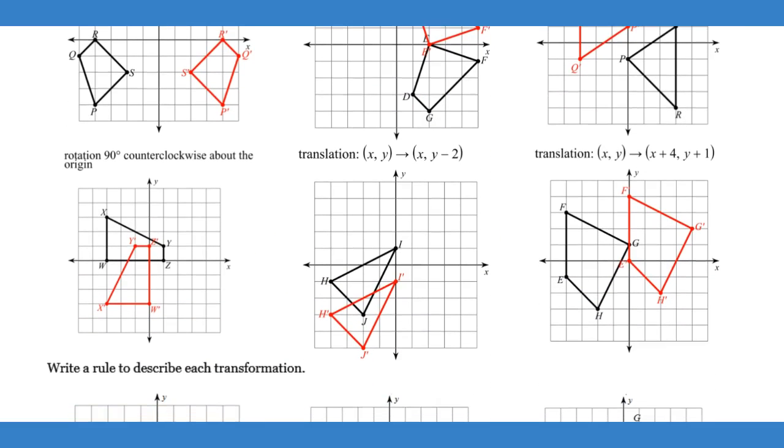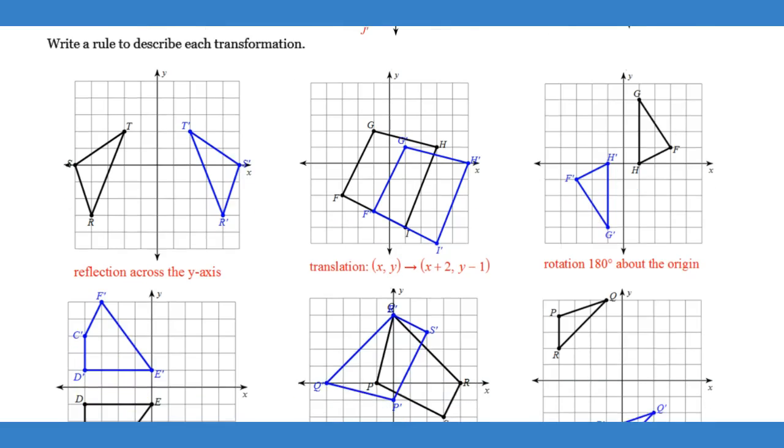And in these bottom 3, we've got a rotation 90 degrees counterclockwise about the origin, a translation where our x values stayed the same, but our y values moved down, and then another translation where our x values moved 4 in the positive direction and our y values moved 1 in the positive direction.